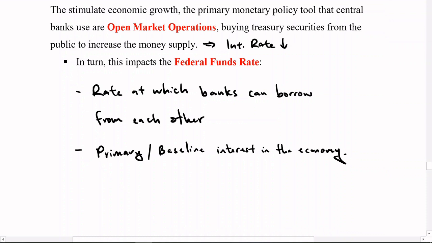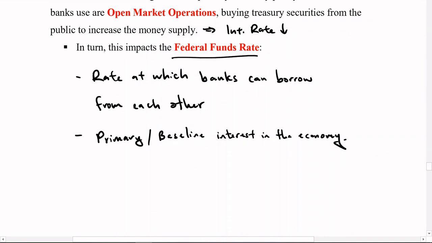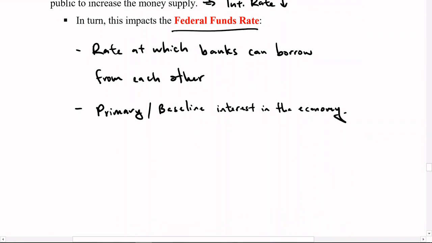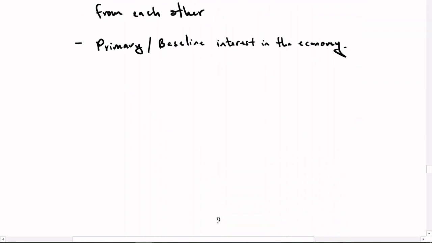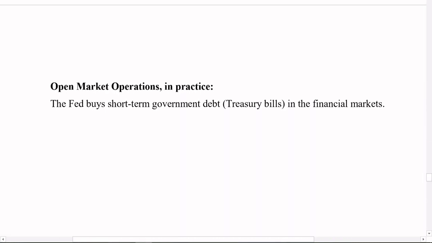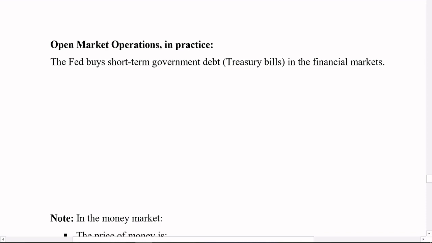So this is kind of the toggle, the lever that controls all of the interest rates throughout the economy. And so this is an important one, and this is why open market operations are one of the most widely used monetary policy tools. Okay, so to do this, the Federal Reserve is buying government debt, treasury bills, within the financial markets.